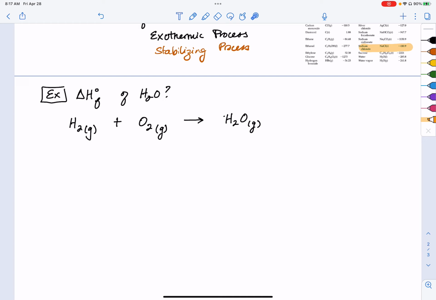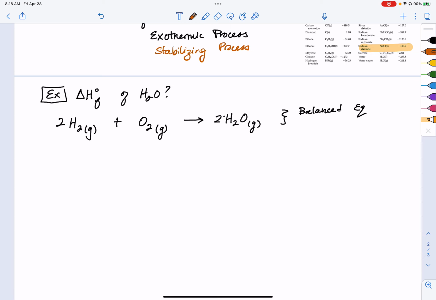Then I would need to balance this equation because while I do have two hydrogens, I am left with only one oxygen on my product side. So I would need to double my water, and in turn, double my hydrogen. So this is the balanced equation that you and I would normally deal with.